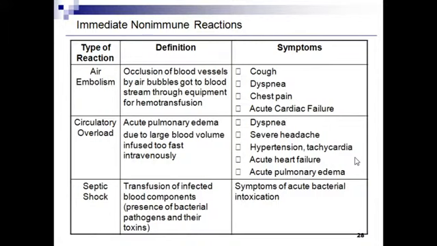Due to overloading of the patient's circulatory system, the patient manifests with dyspnea, severe headache, hypertension, tachycardia, and acute heart failure and pulmonary edema, a result of overloading of the right parts of the cardiovascular system.